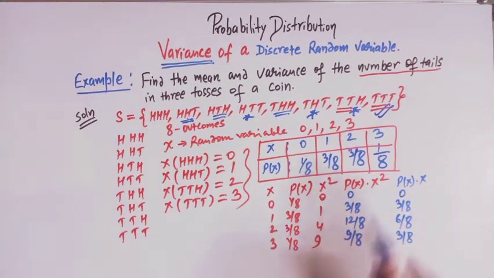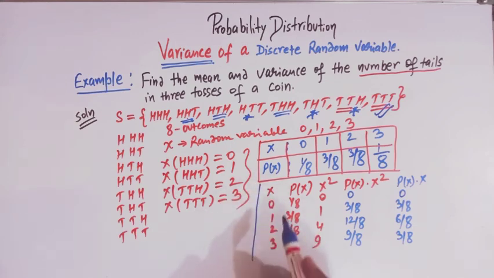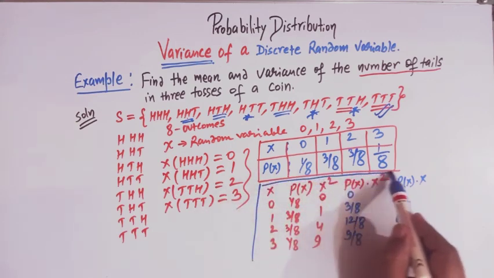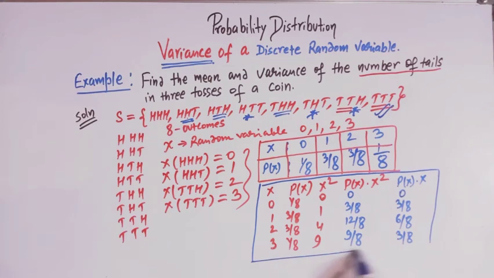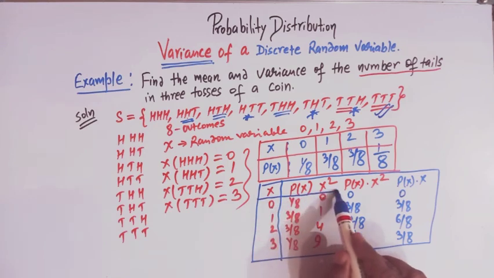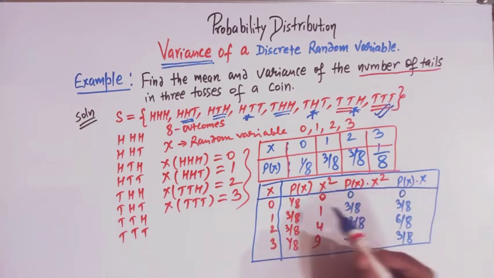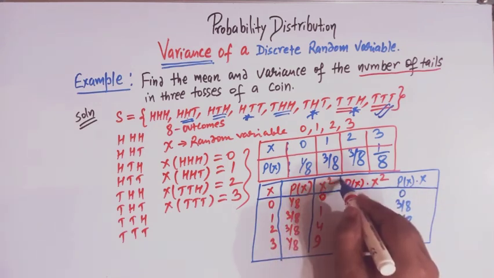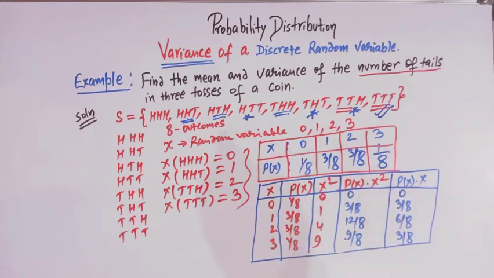So we have obtained a table like this, with the random variable x and these columns.